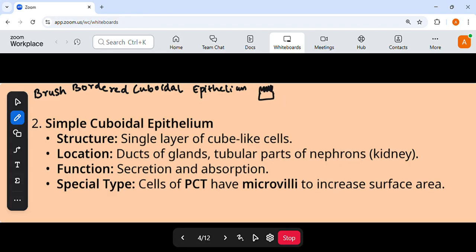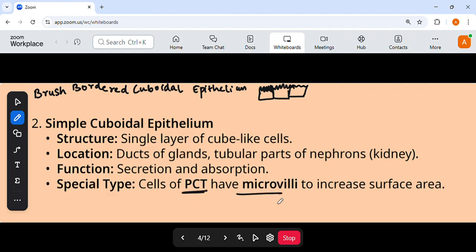It's basically modifying. The plasma membrane gets folded into finger-like projections. That finger-like projection is known as microvilli or brush border, which is seen in PCT.